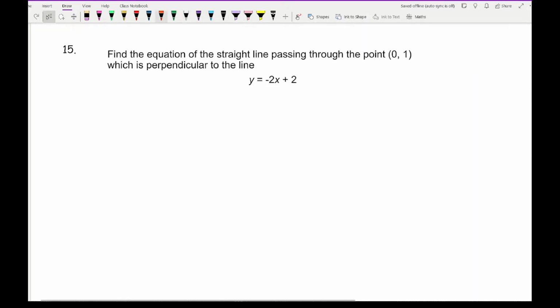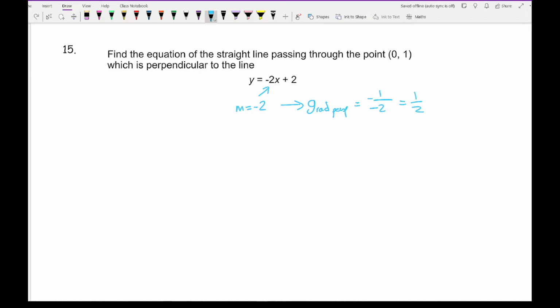Then moving on to question 15, it says find the equation of the straight line passing through the point 0, 1, which is perpendicular to the line y equals minus 2x plus 1. So for this, the gradient of this line is minus 2. So the gradient of the perpendicular line is going to equal minus 1 over minus 2, so it's going to equal 1/2.